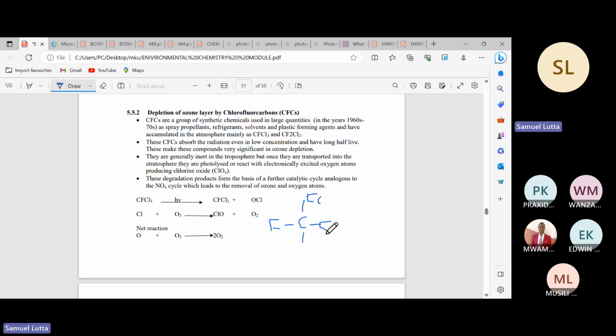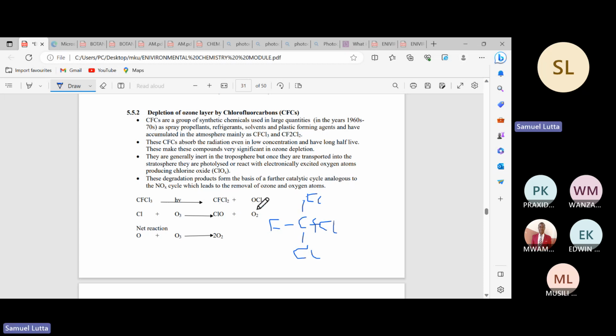You have another chlorine here, a chlorine here, and a chlorine here. So in this reaction, you're breaking this bond here. When you break the bond, the shared electrons are taken by chlorine, and this gives a dichlorofluorocarbon radical. So this is what you get here.